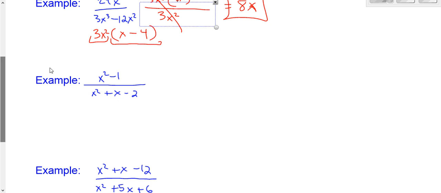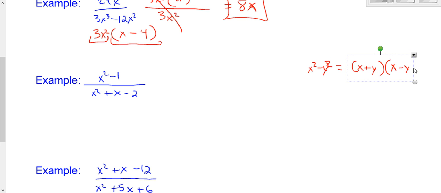Moving on to the next example. Here we've got a binomial and a trinomial. This binomial is x squared minus 1. This is a special factoring formula, for x squared minus y squared, and the factors are x plus y and x minus y.